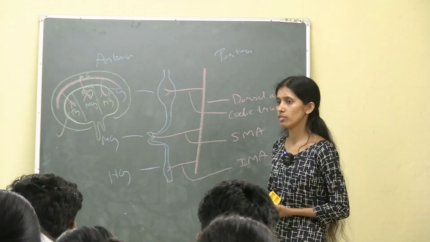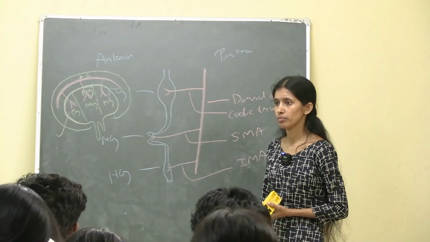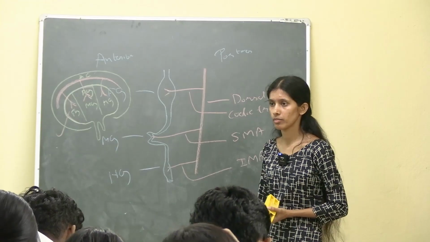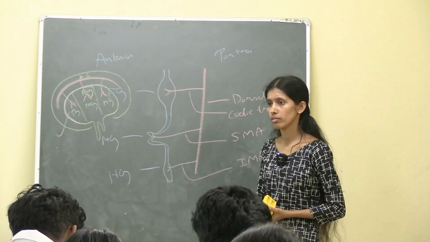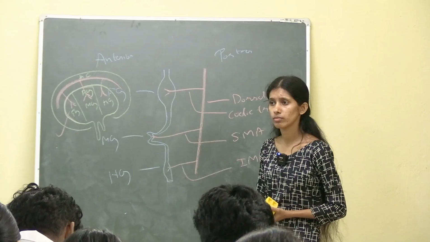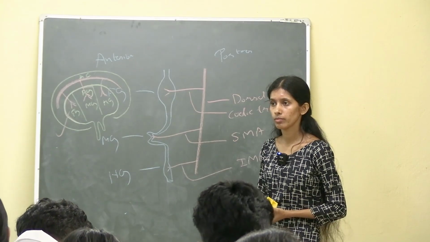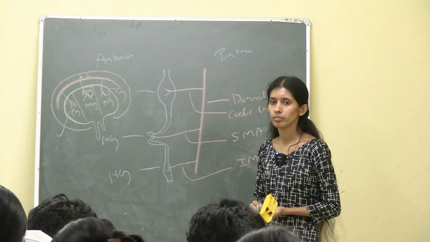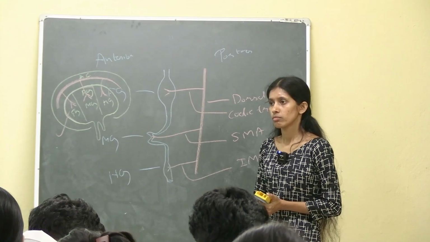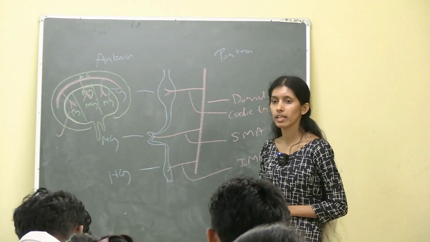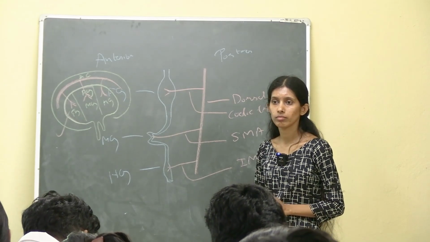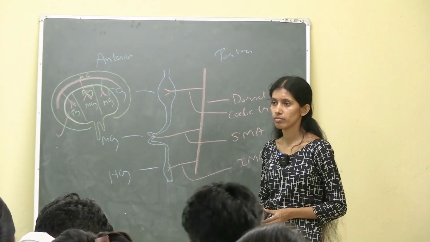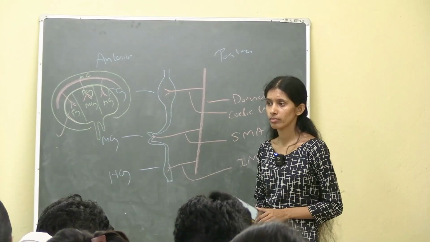What are the derivatives of the foregut? Pharynx, okay. Proximal part of esophagus, okay. Midgut: stomach, okay. Liver, okay.